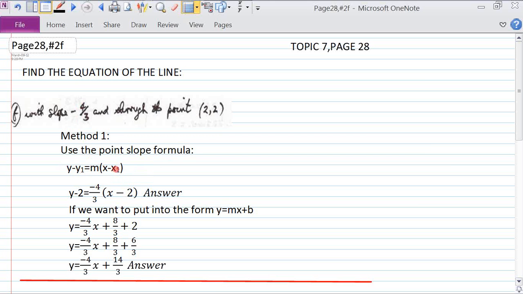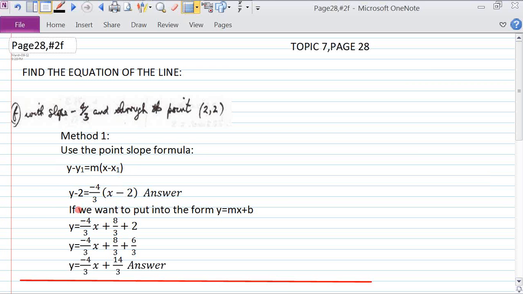So all we have to do is substitute into here: y1 is 2, x1 is 2, and the slope is minus 4/3. So there's the answer right there using the point-slope formula.